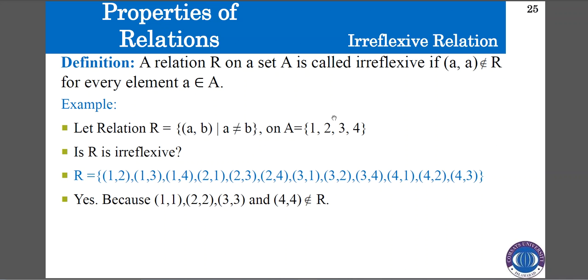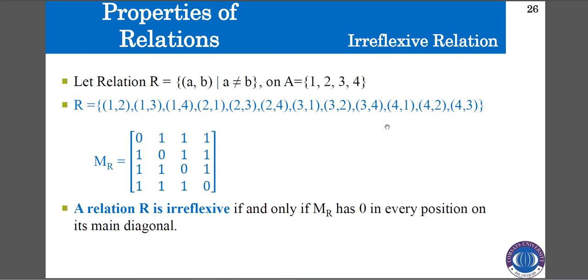So the relation obtained from the conditions is an irreflexive relation. The property of irreflexivity can also be determined using the matrix representation of the relation. The matrix representation is given below, in which we can show that relations are irreflexive if and only if the matrix has 0 in every position on its main diagonal.